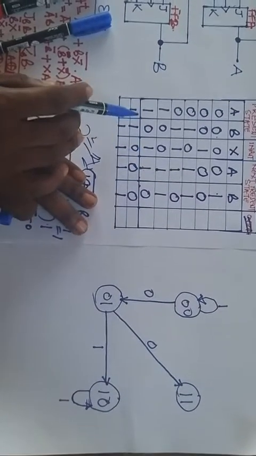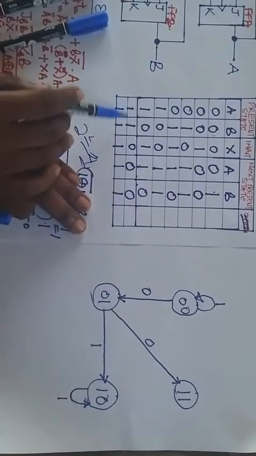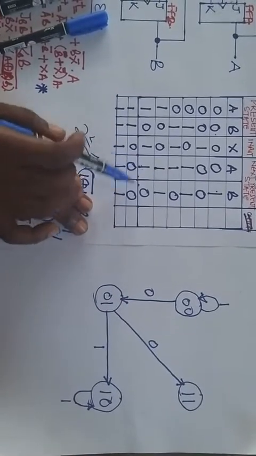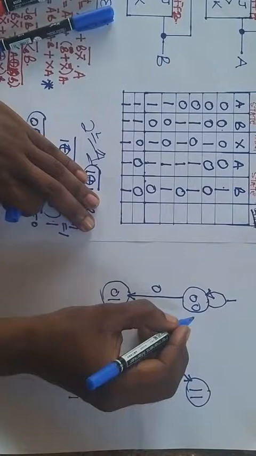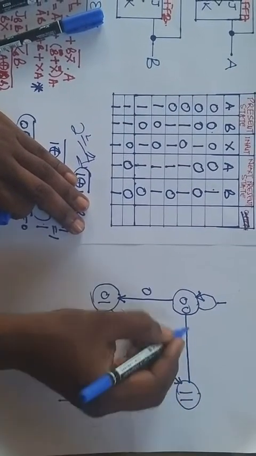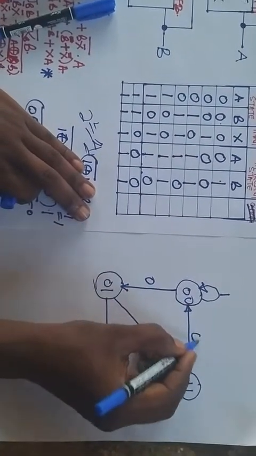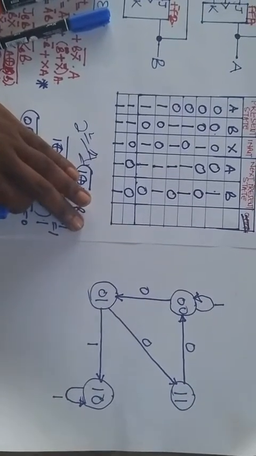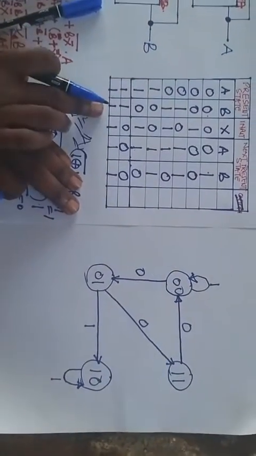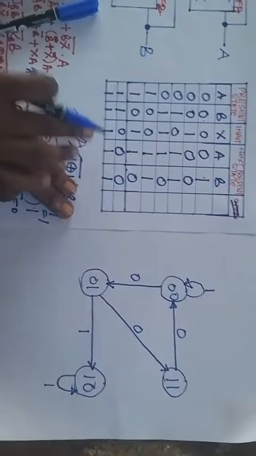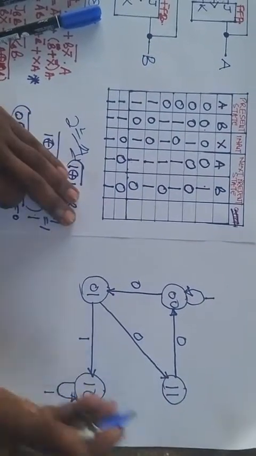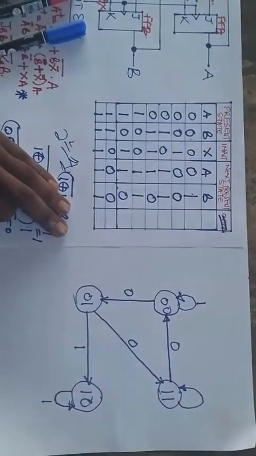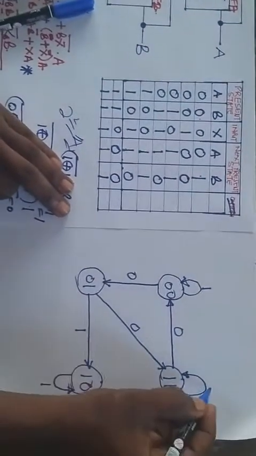Okay, so we are here at 11, it came to what? 00. 11 came to 00, input 0. Okay, and at 11, it remained at 11. So 11, it remained at 11, and the input is 1.